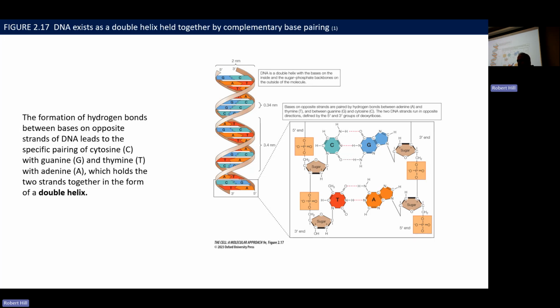Yeah, there's more bonds. If you have a sequence that is CG heavy, it takes more energy to unzip that molecule. It takes a higher temperature if you're doing it in vitro. The molecule has a higher melting point because of the presence of those triple hydrogen bonds between C's and G's.